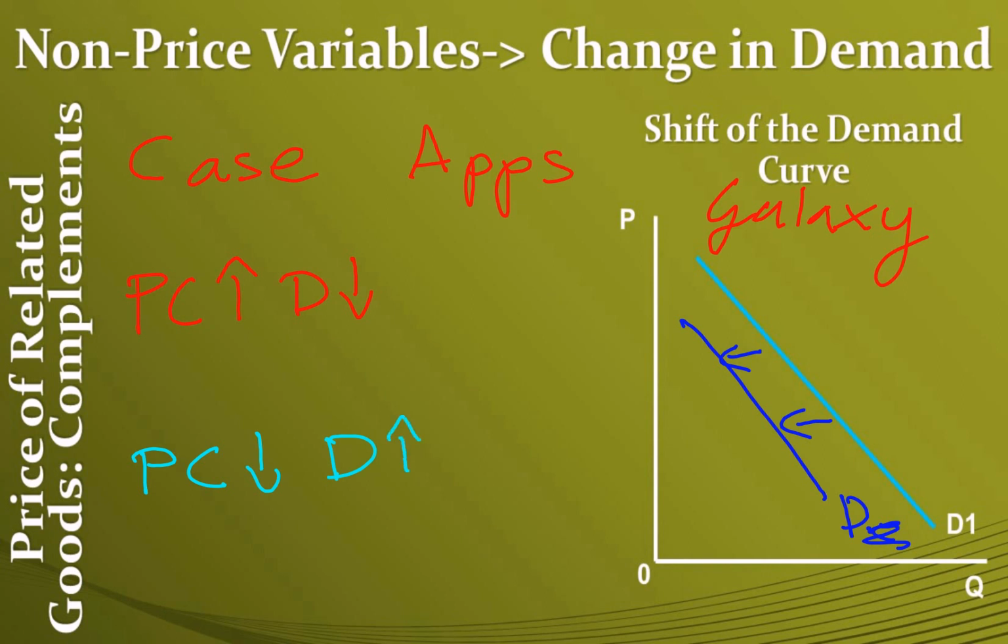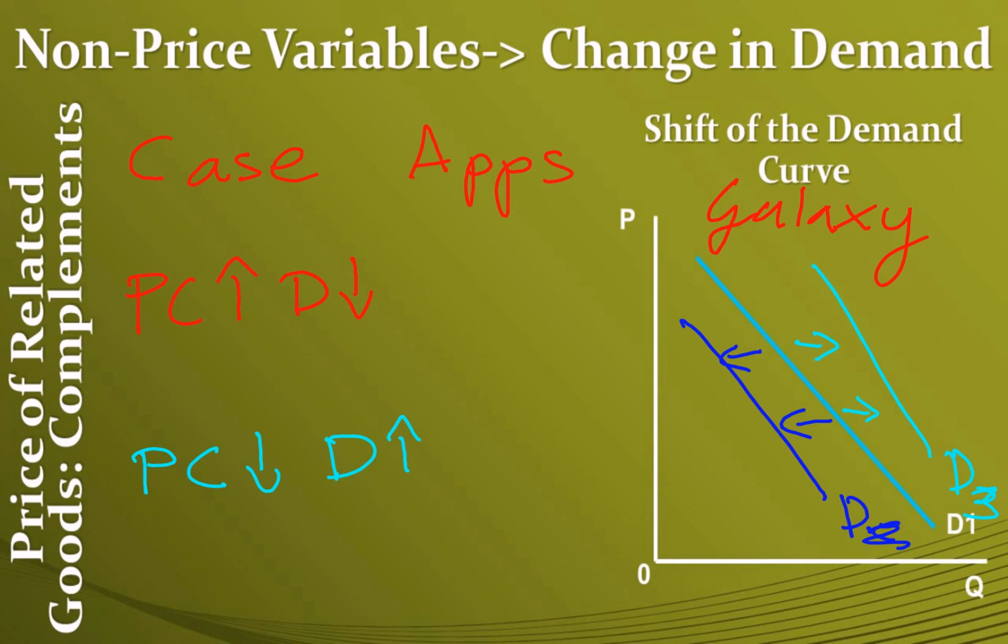More people will begin buying Galaxy cell phones, because the case is a complement that is desirable for them and it is cheaper than the competition, so it will have a higher demand.